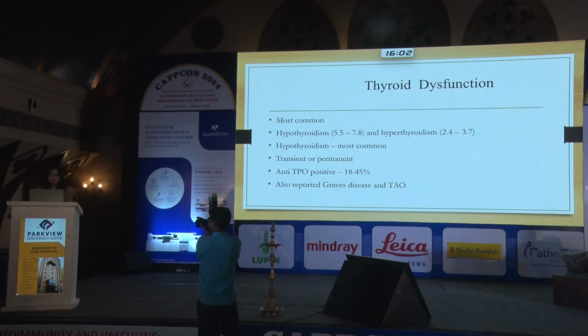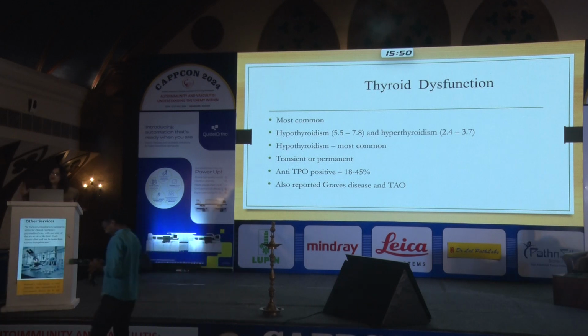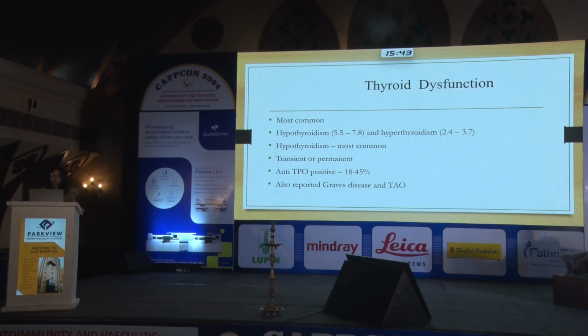To start with, thyroid dysfunction. Thyroid dysfunction is the most common endocrine abnormality associated with immune checkpoint inhibitors. It ranges from subclinical hypothyroidism at one end to overt hyperthyroidism. Amongst the entire spectrum, hypothyroidism is the most common one that we encounter.